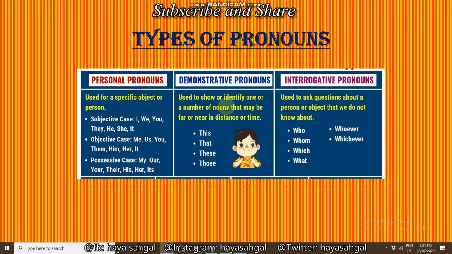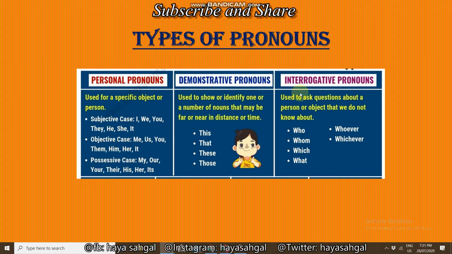Demonstrative pronouns are basically used to show a number of nouns that may be far or near in distance or time. Example: this, that. This is nearby, that is far, these, nearby, those, far. The difference is this and that are for singular, and these and those are plural.